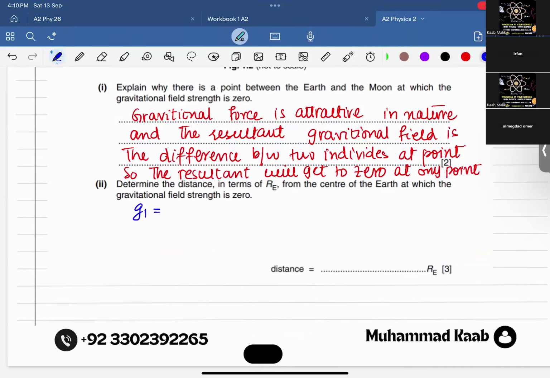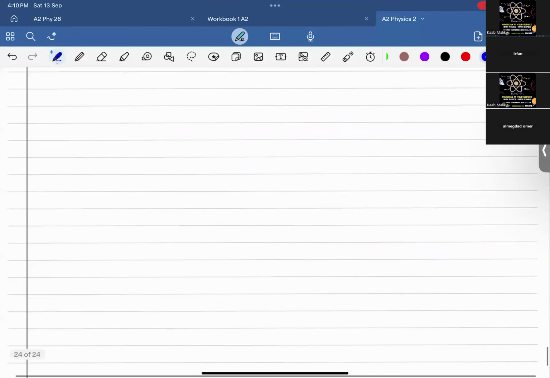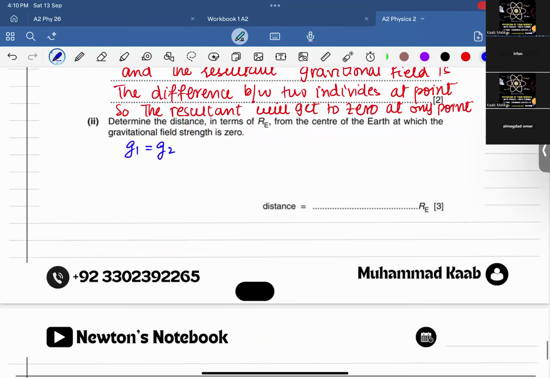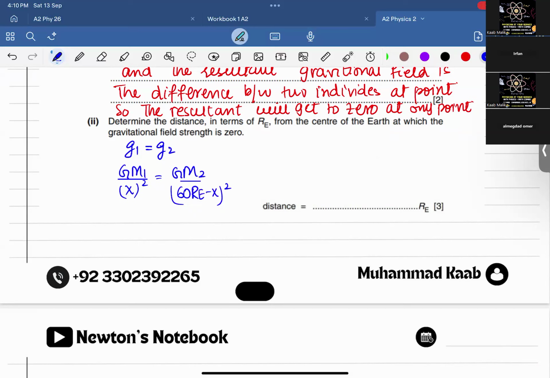Now, we know that at this point, the gravity G1 should be equal to G2. We can say that GM1 over the distance 1, which is x squared, should be equal to GM2 over (60 RE minus x) whole squared.